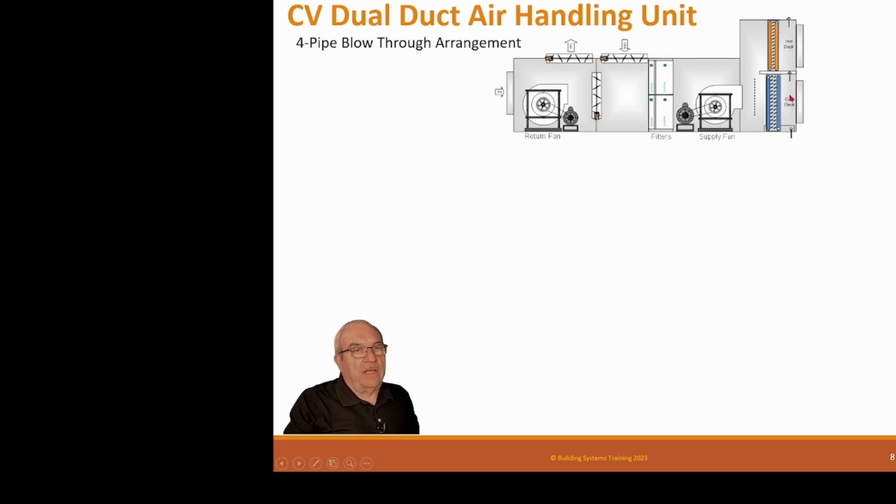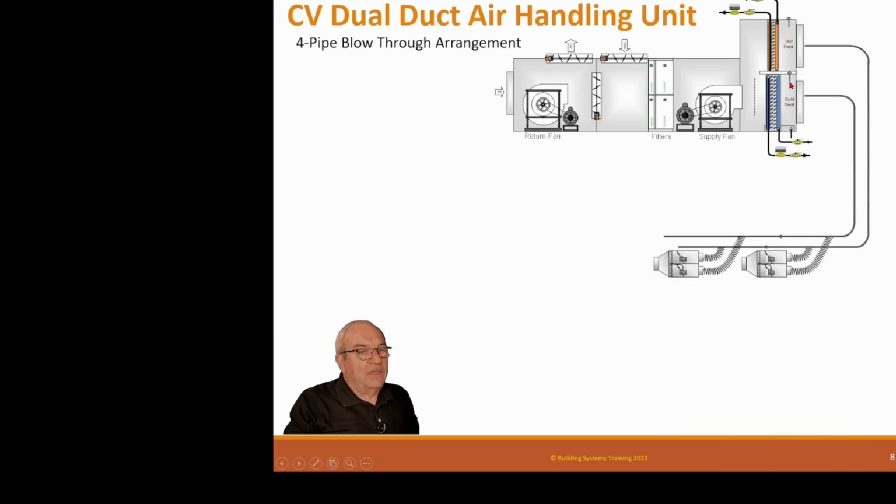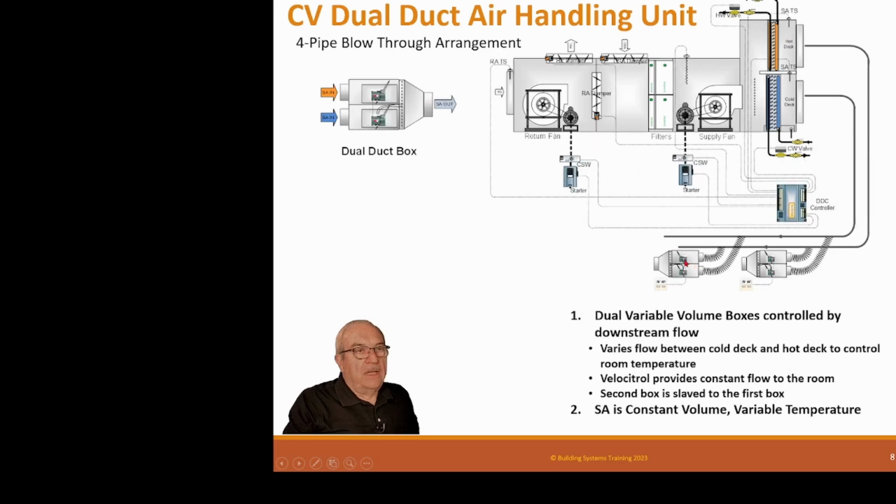The reason for that is this has a hot water coil and a chill water coil. And it has 2 ducts. So it runs 2 ducts throughout the space, a cold duct and a hot duct. And at the end, out at the spaces, they have 2 VAV boxes that modulate between the cold deck and the hot deck to supply the right room temperature.